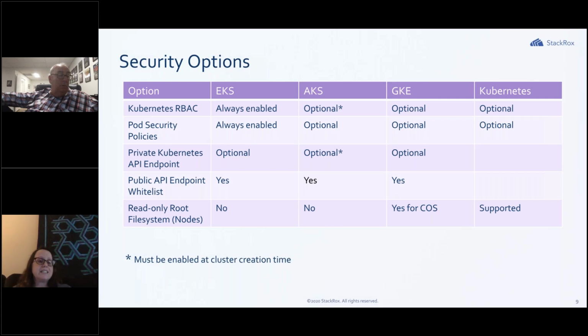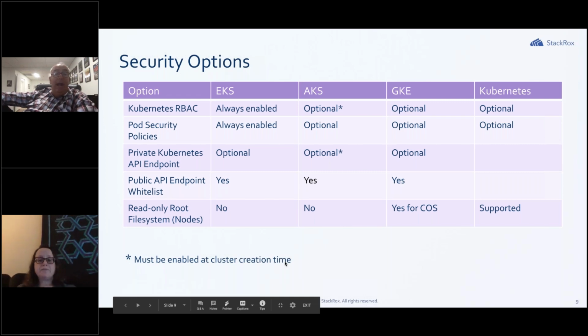They can't install any kind of kernel modules, and they can't overwrite a program that gets run as root. EKS and AKS don't support having read-only root file systems for the nodes. Google Cloud does. It's opt-in, and they only support it for their container optimized OS, but they do have that option.